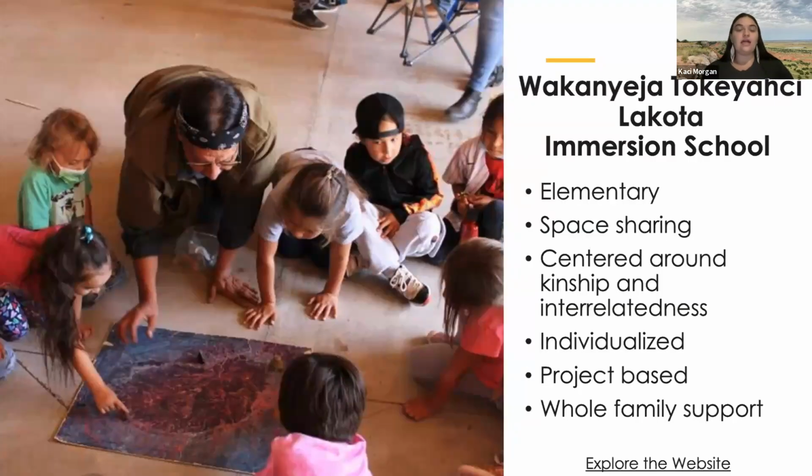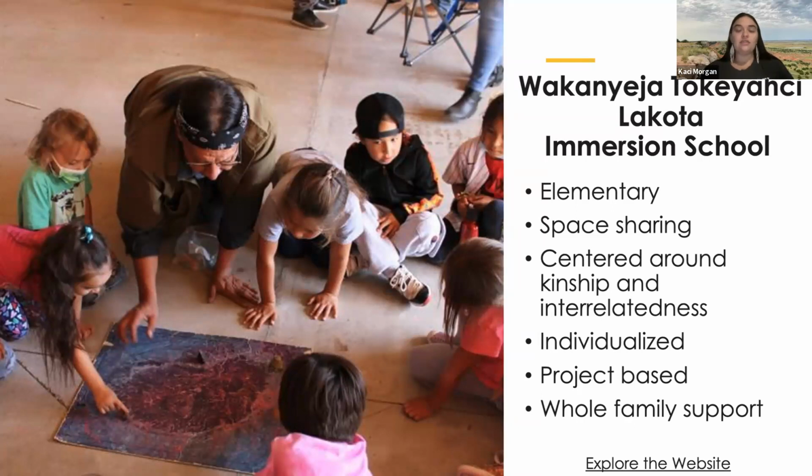So this is an example of a similar model. Like I said, they're not in a school, they're in the Boys and Girls Club, so a school within a community center. That's something that you might want to think about as well. Having your school within an existing facility doesn't always necessarily mean that it has to be an existing school. You can think outside of the box there.